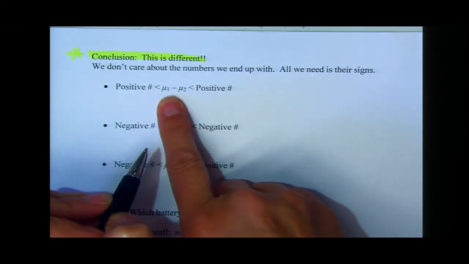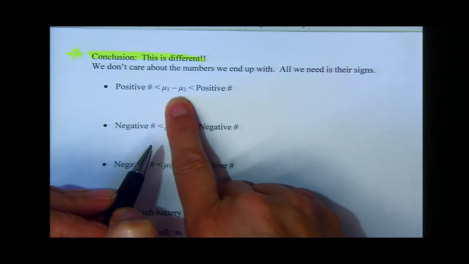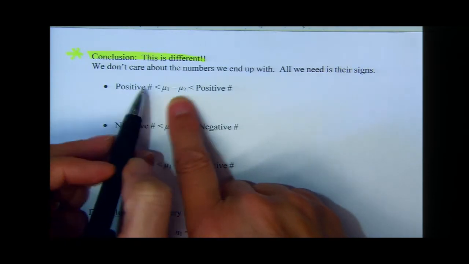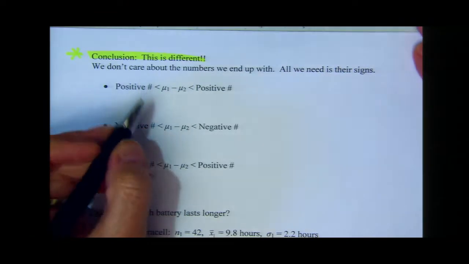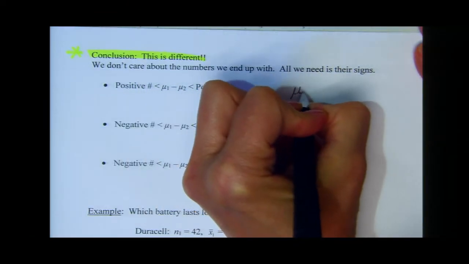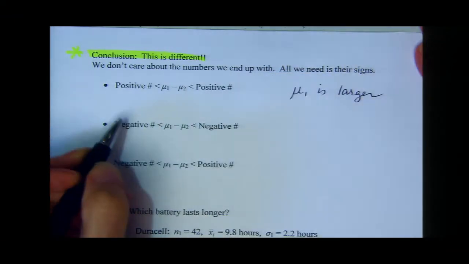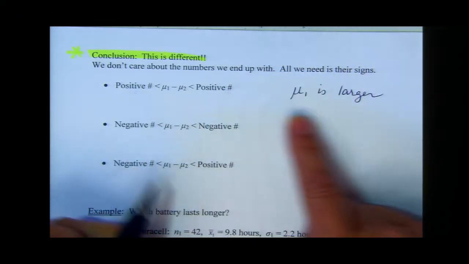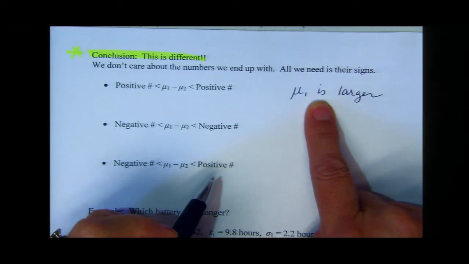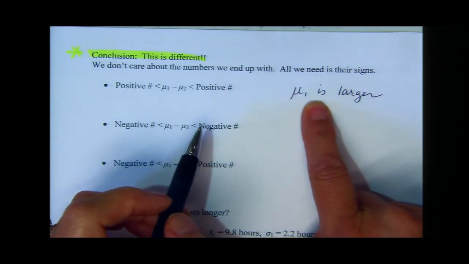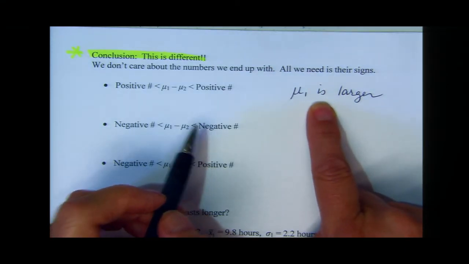So when you subtract two numbers, whatever they may be, but your solution is always positive, then that forces mu1 to be the larger number. So if I get two positive numbers, then I know the population mean is bigger in mu1 than mu2.